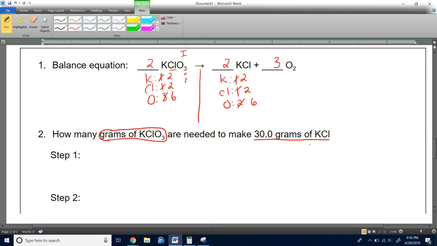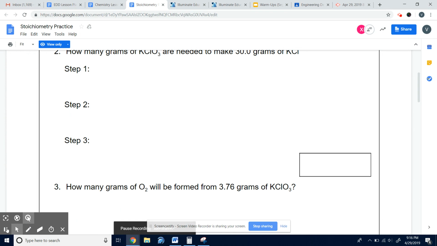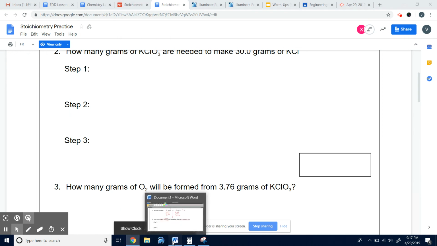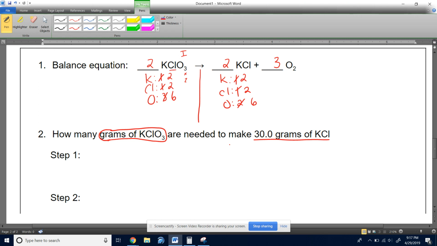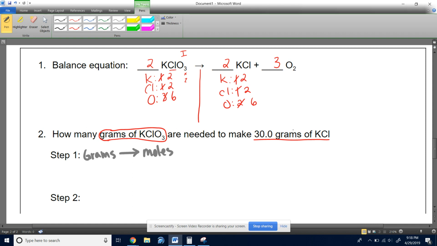And then we're able to go on. The first step that we are going to want to be doing is, let me change the color, we want to go from grams to moles, because what's given is grams.